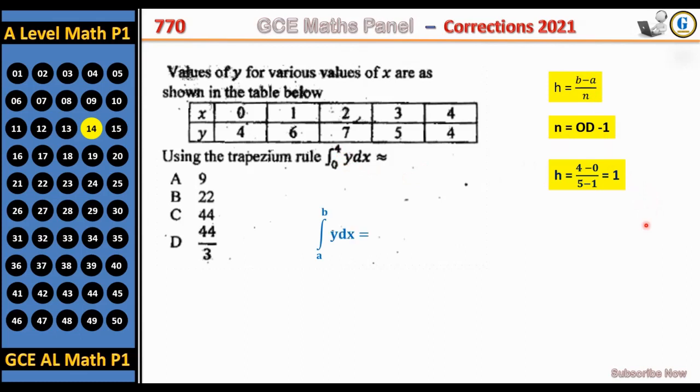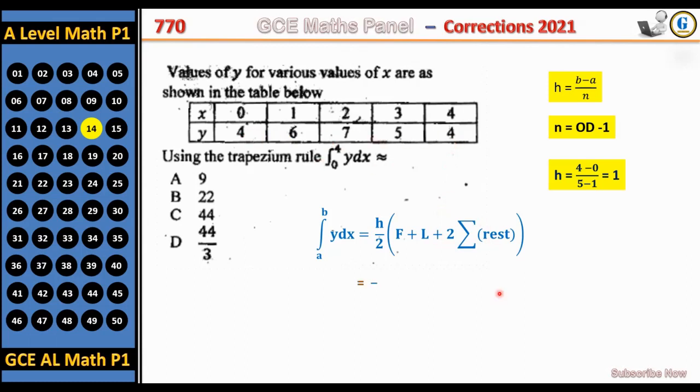Now applying the trapezium rule, we have that integral, and we fit in the values, which is h over 2 into first value of y plus last value of y plus 2 times the sum of the rest of the values of y.